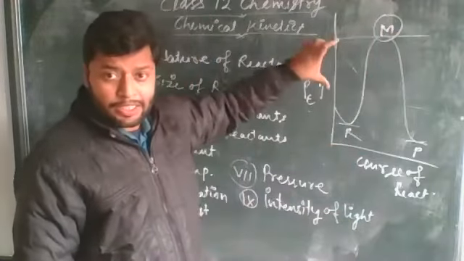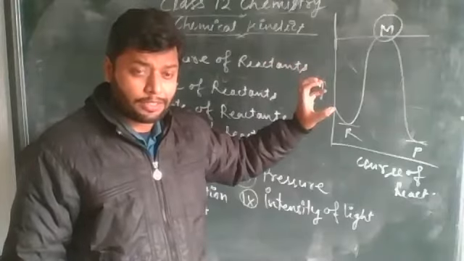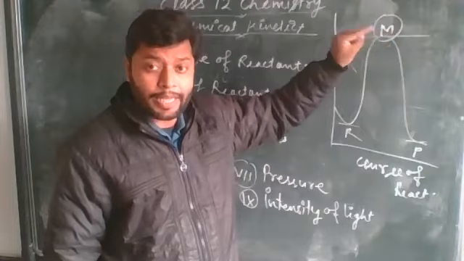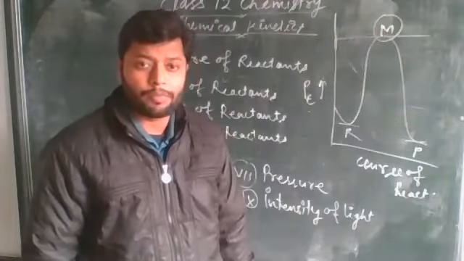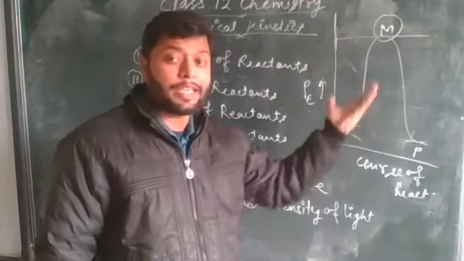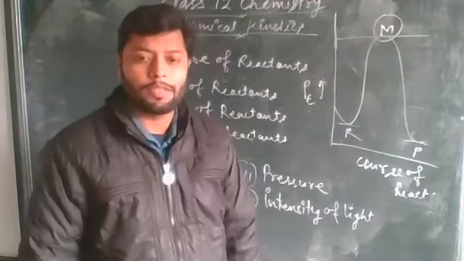So you can see this energy barrier: only those reactants which, after collision, cross this energy barrier value can convert into the product. All those reactants that cannot cross this value will not convert into the product.